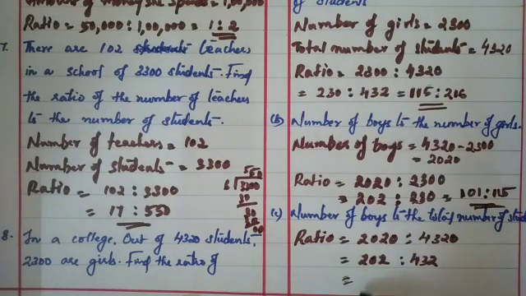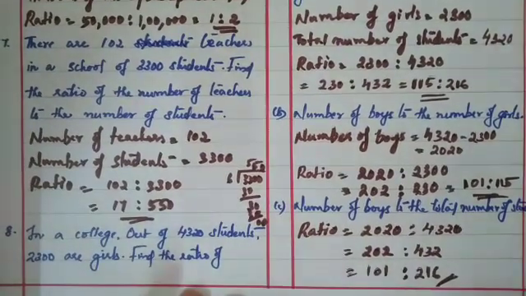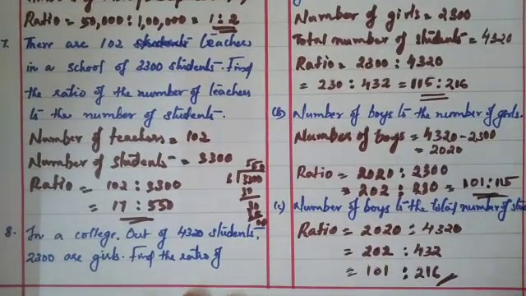Then again 2 is the common factor. 101 is to 216 is the ratio. Hope all of you understood.